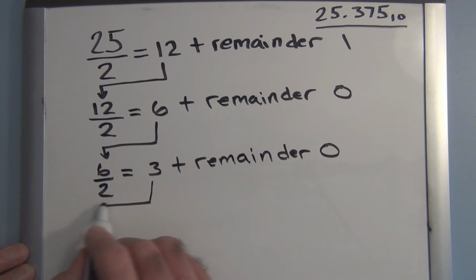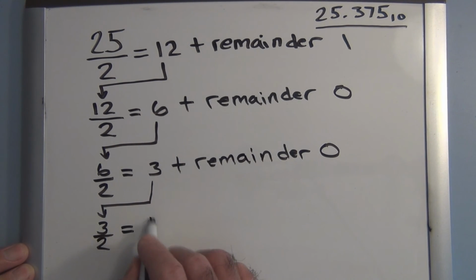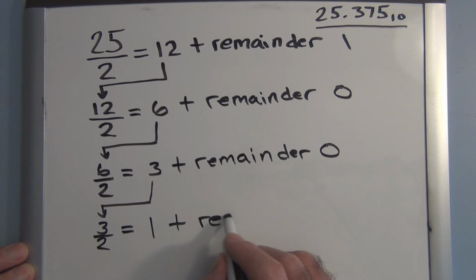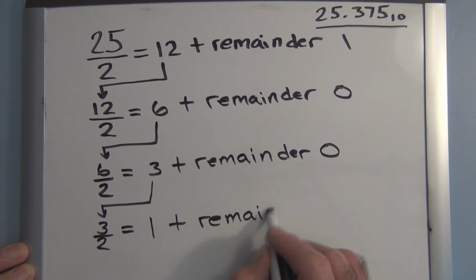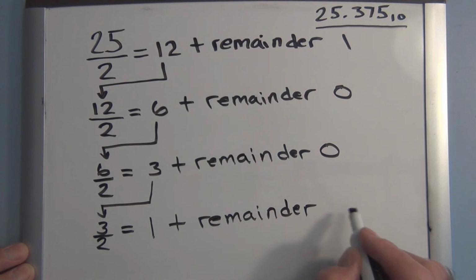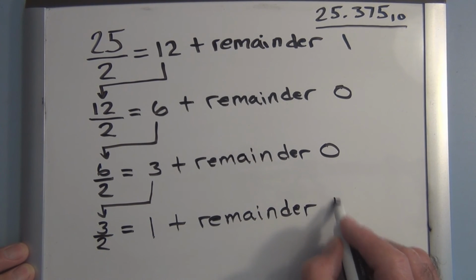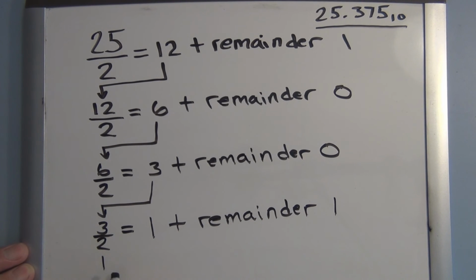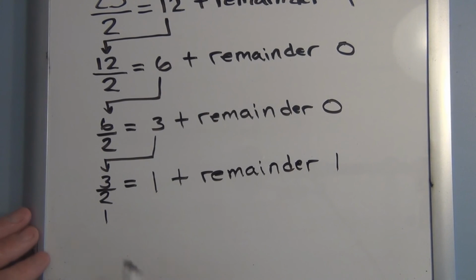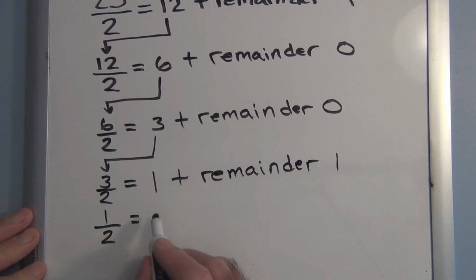And now we want to bring the 3 down. So we have 3 divided by 2. That goes in there once. And then we also have a remainder of 1. And then we have 1 divided by 2, which is 0.